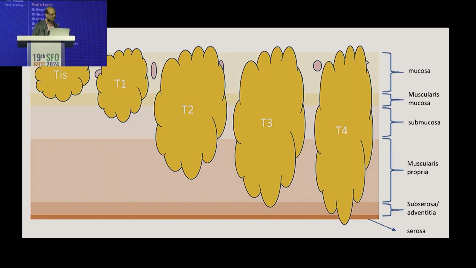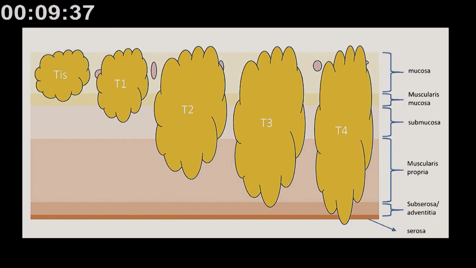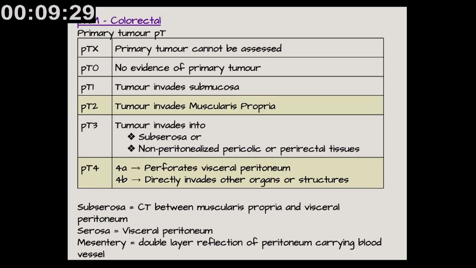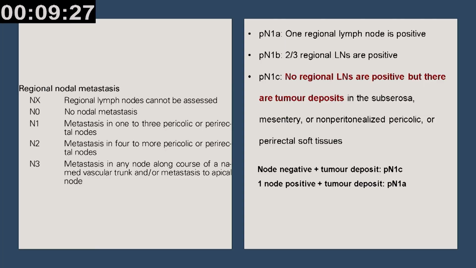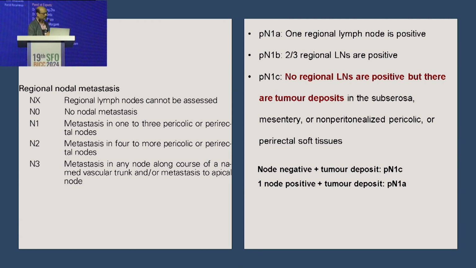Now, extent or staging. We all know Tis, T1, T2, T3, and T4. Regarding the lymph node, we know the N1, N2, and N3.